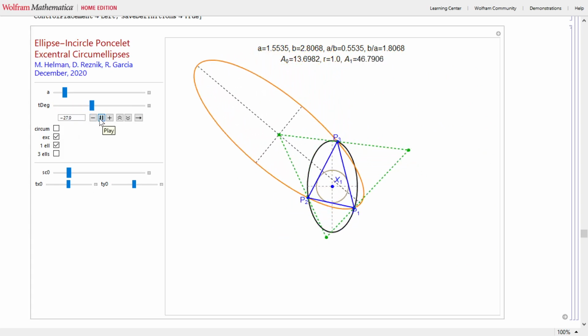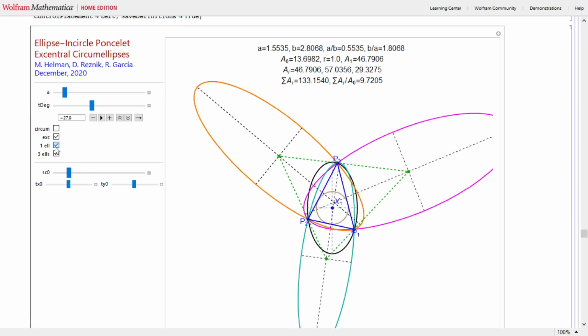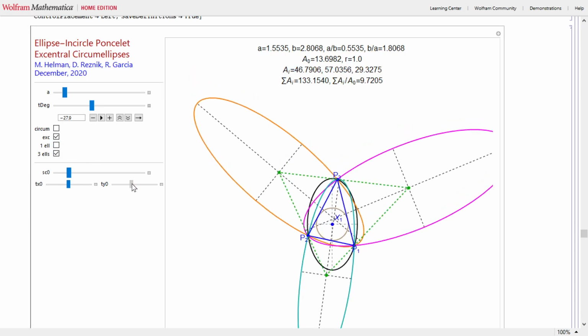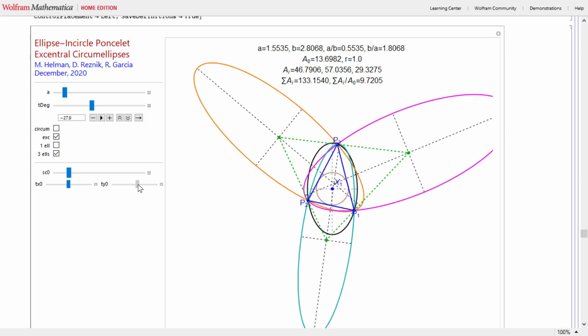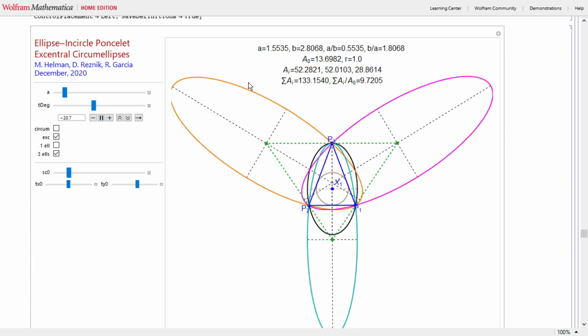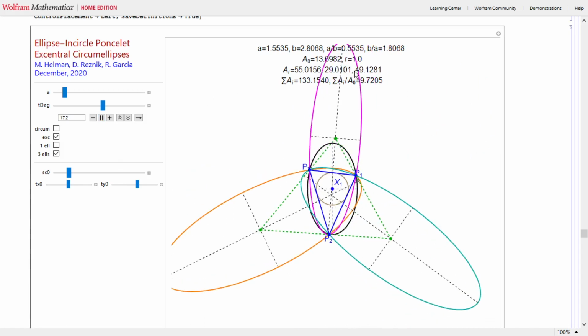However, if I repeat this construction, the circumellipse construction, meaning I want an ellipse that passes through the three periodic vertices and is centered on this excenter, and another one which is centered on this one, I get this triad, right? So I get a triad of ellipses, like so. And each one of them has a distinct area.